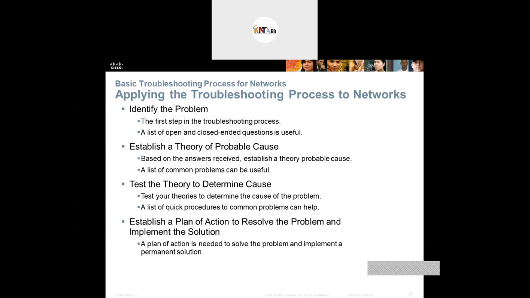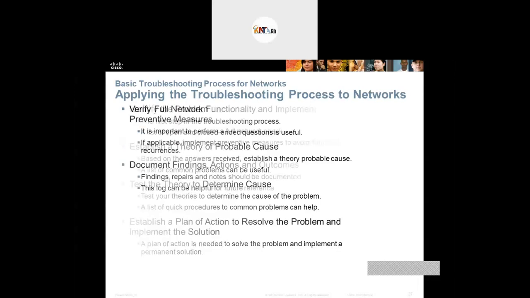Now, after you have gotten the list of probable causes, you have to test your theories to determine the cause of the problem. And then a list of quick procedures for common problems can also help. Then you establish a plan that will help you to resolve the problem, a plan of action needed to resolve the problem and implement a permanent solution.